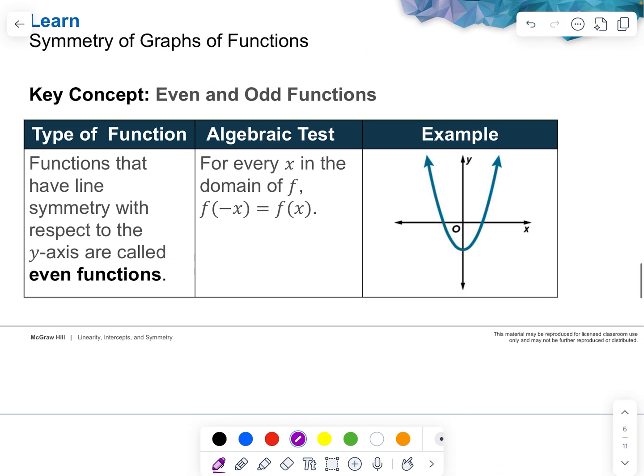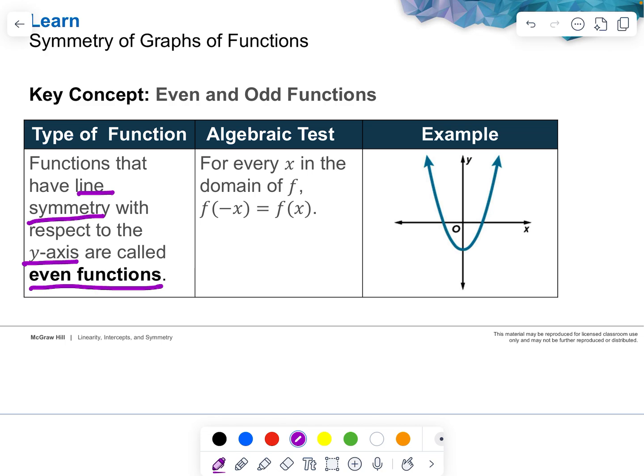And the other thing we're going to talk about today are even and odd functions. Functions that have line symmetry with respect to the y-axis are called even functions. And we can do the algebra if we don't have the graph to check.